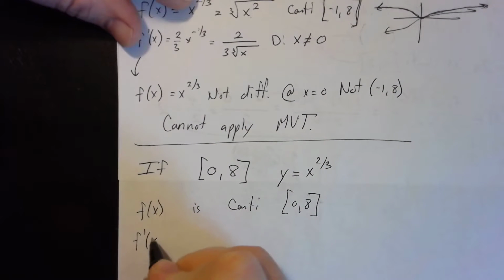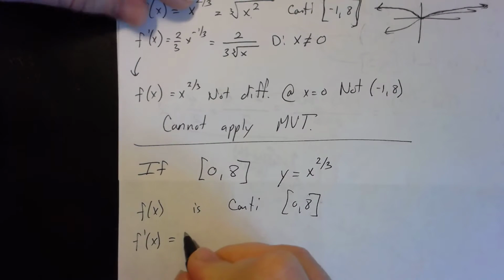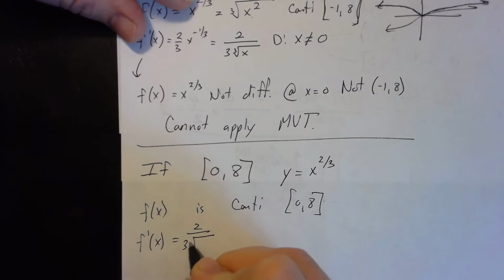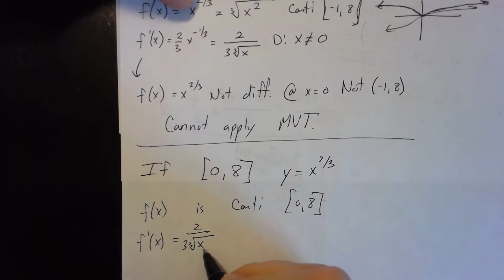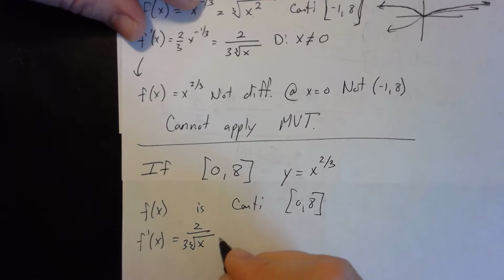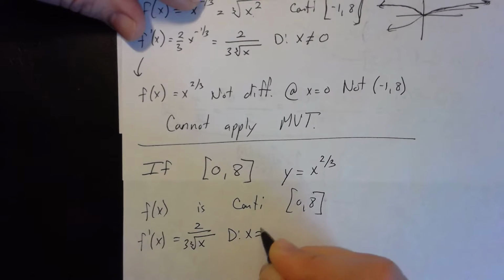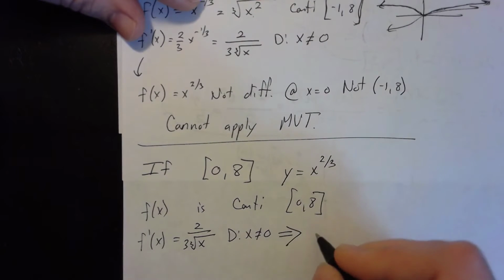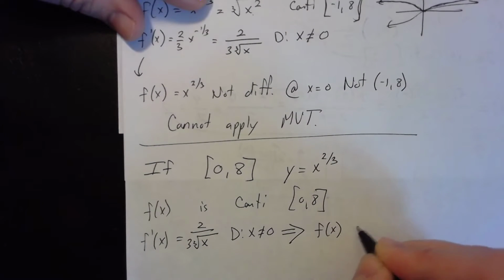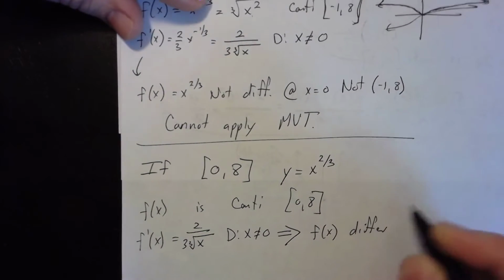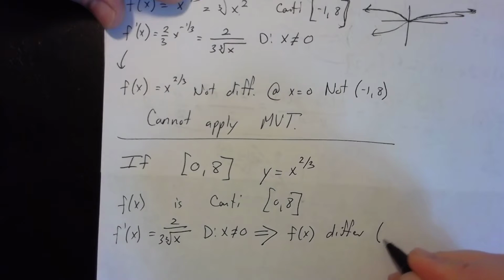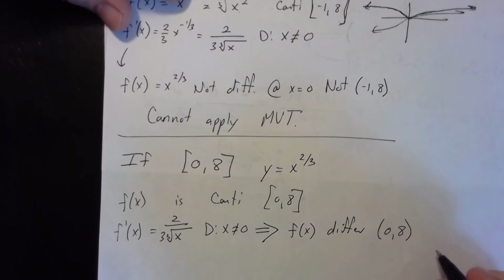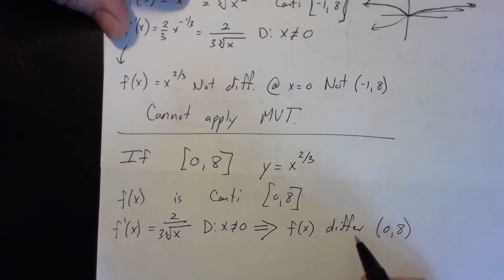And then the derivative f prime of x is equal to, one more time, 2 divided by 3 cube root of x. I can't plug in 0 to this, but that means that with this domain, x not equaling 0, I can imply that the original function is differentiable everywhere except 0, which means that it's differentiable on the open interval 0 to 8.